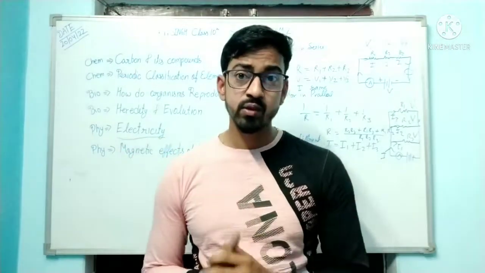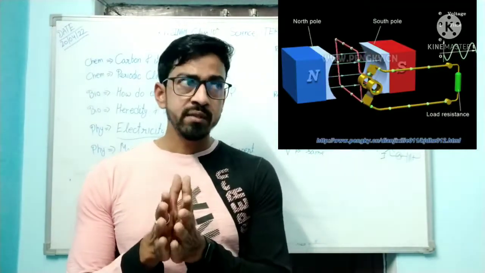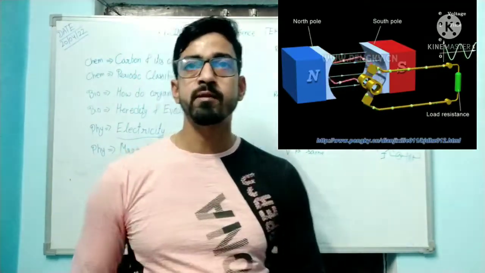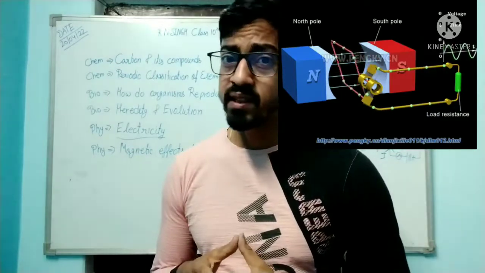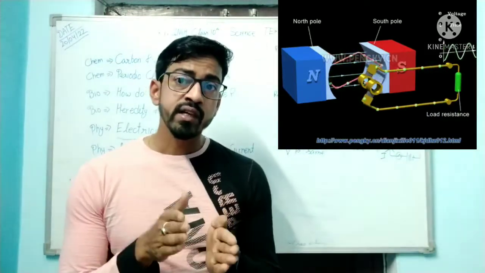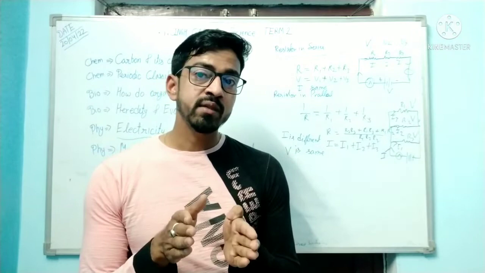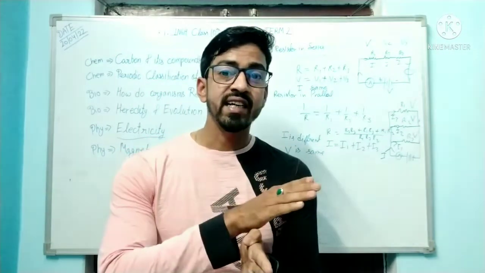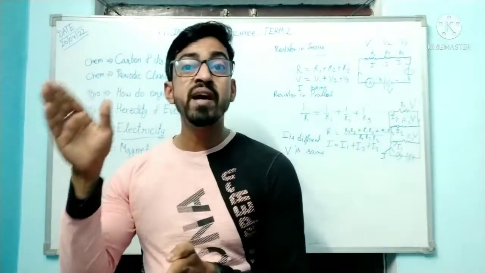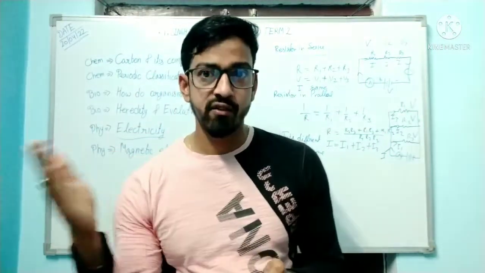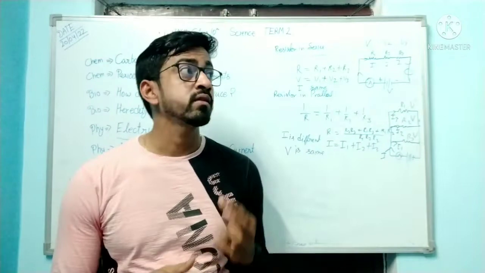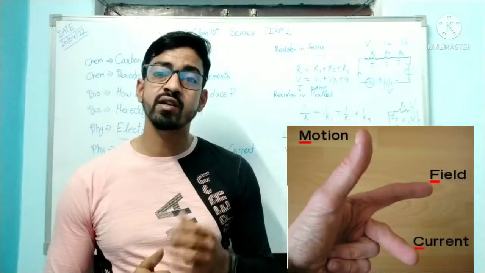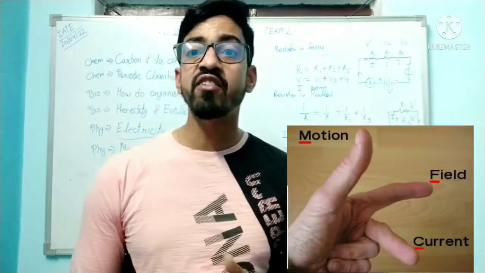What is an electric motor? In an electric motor, the principle is very simple. What is the work of an electric motor? It only changes electric current or electricity into mechanical energy, meaning force. So we also study here Fleming's left hand rule.